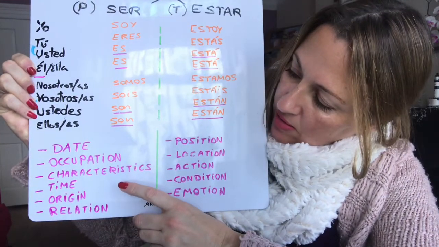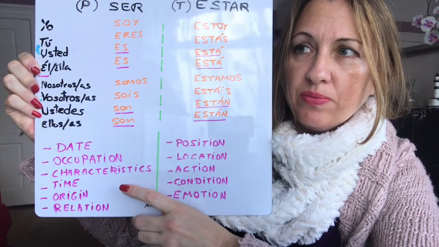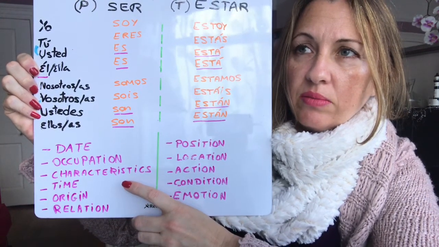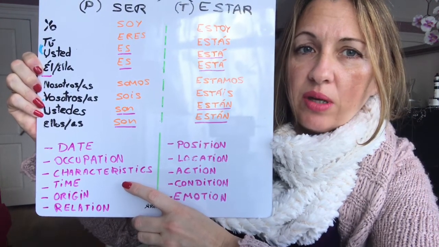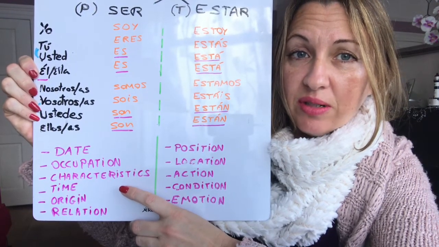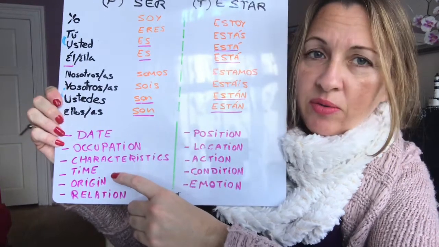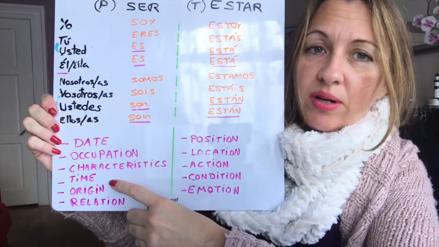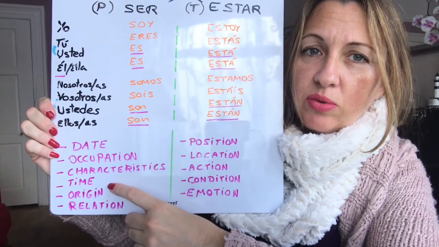We also have characteristics that could apply to personality traits, or how we look physically, for example, or something looks physically. Time would not refer to weather. This time is referring to the hour.